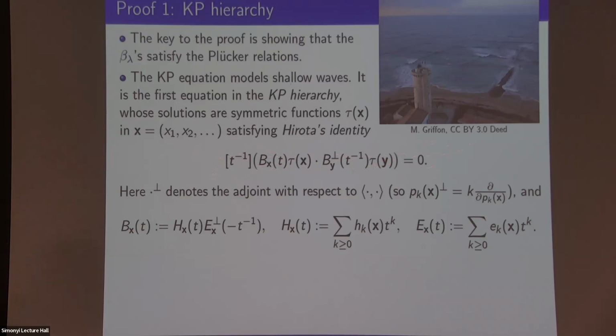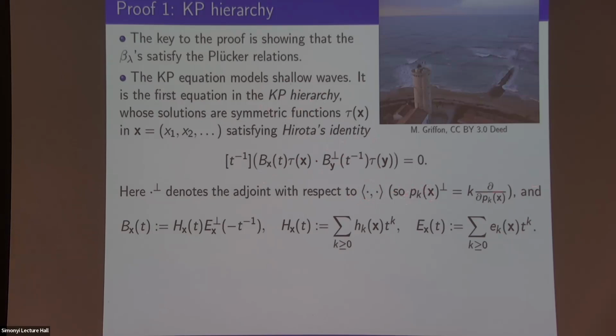If you're an expert in symmetric functions, I put the definition of what these operators are. This perp is the adjoint, the conventional adjoint with respect to the standard inner product, where the Schur polynomials are an orthonormal basis. The KP hierarchy is supposed to be a system of PDEs, and how we get differential equations out of this is that the space of symmetric functions is freely generated by these p_k.